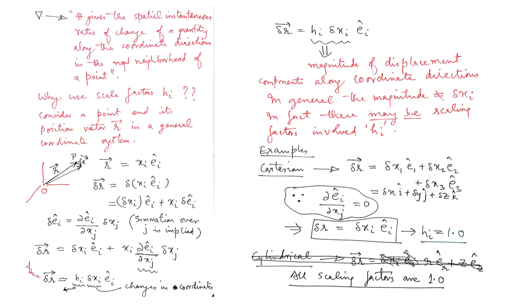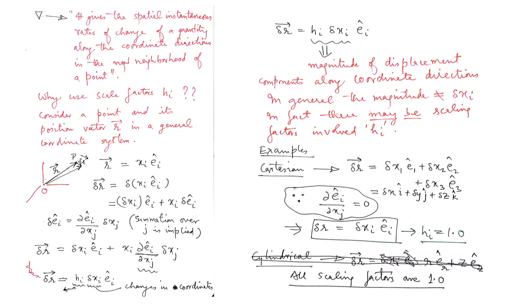So if you treat these unit vectors as functions of the coordinates themselves, then delta ei quite generally can be written as the partial derivative of ei with respect to some spatial coordinate xj, multiplied by the increment in that coordinate, delta xj.